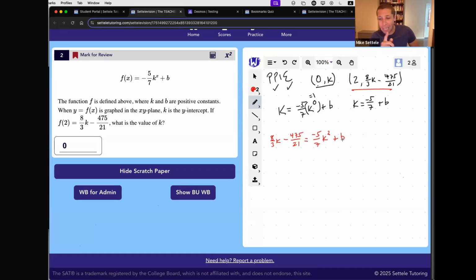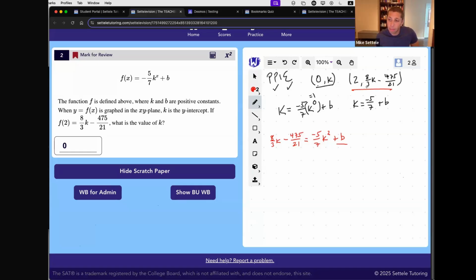We're getting better. It might not feel like it, but we're getting better because now, if you know algebra, you know that in order to solve for k, which is what they want, we need to just have k's, because then we can solve whatever that equation is. It's a messy equation, but the problem right now isn't the k or the mess, it's the b. But I have a way of finding b, or at least making it go away.